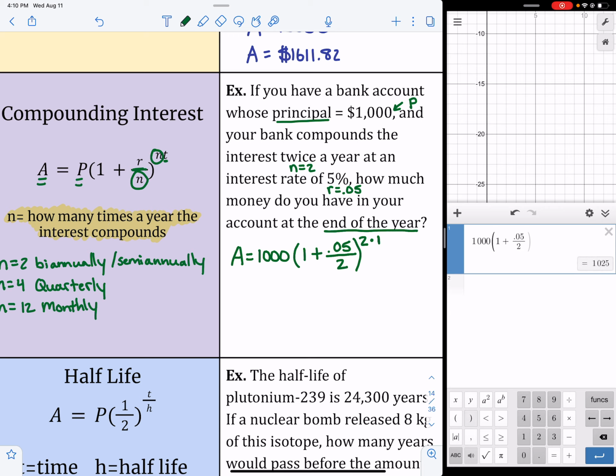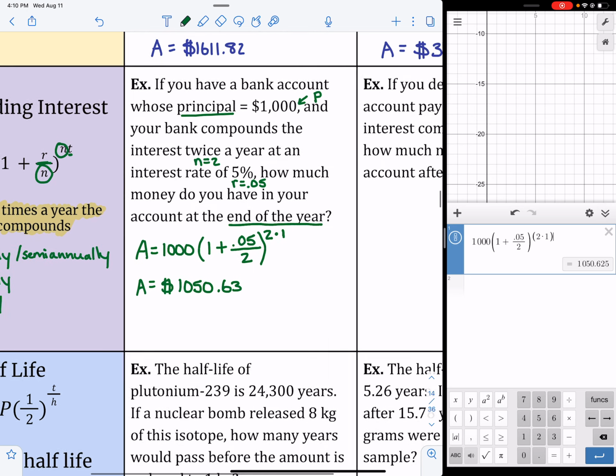Notice it shows up fine when you type it just like that. And then to your exponent, and we would put in 2 times, and in this case it's just a 1, but a lot of times that would be some other number. And so we end up with an amount of $1,050.63.